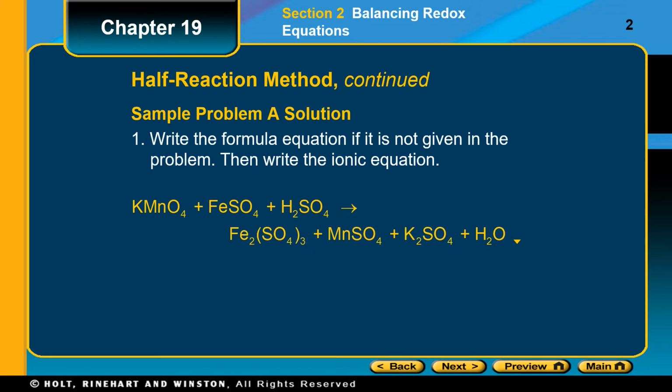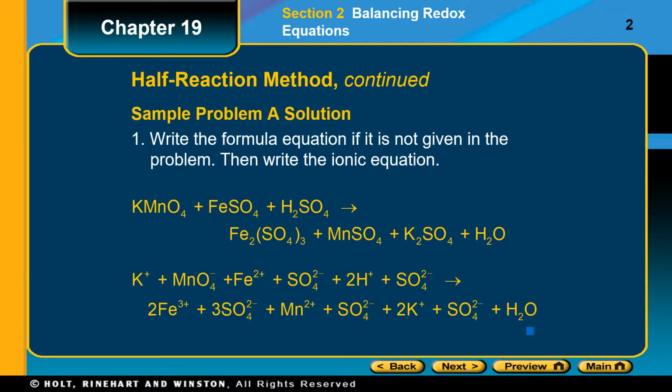So it's a long equation. And so that's the formula that we want to balance. And the next thing we need to do is write the ionic equation, which will make it even longer.